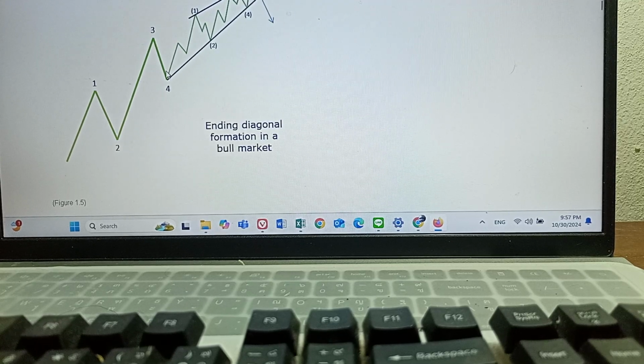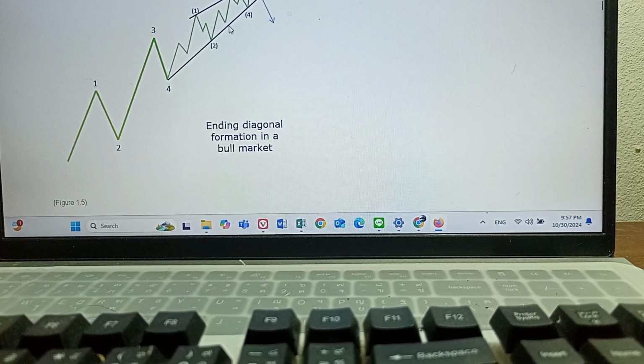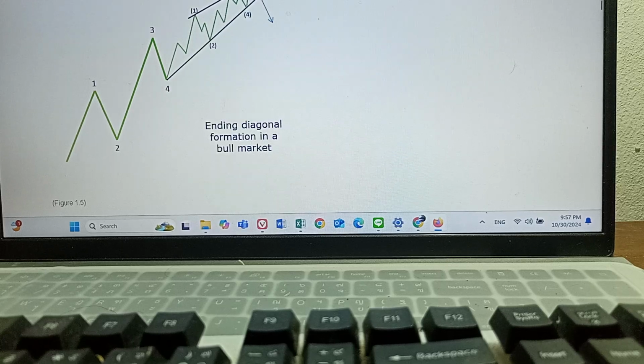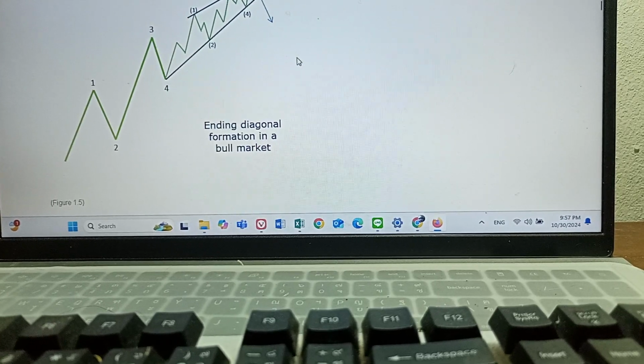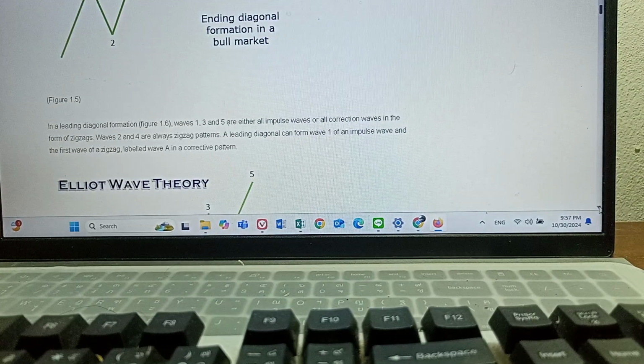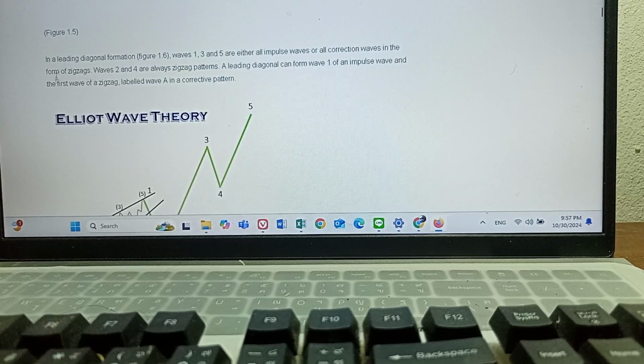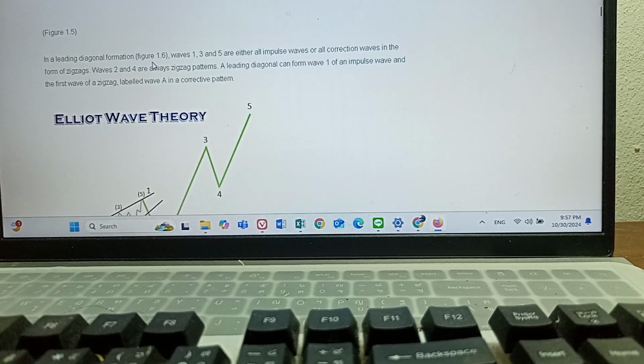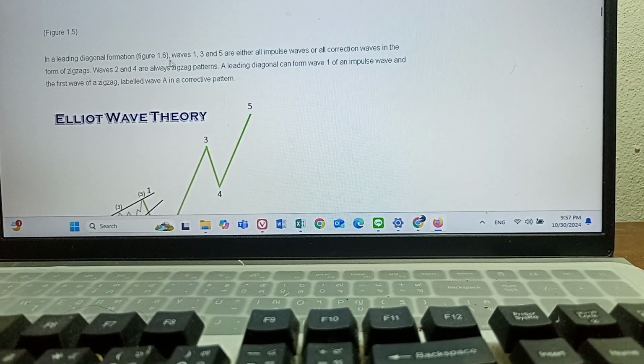This is impulse. This is diagonal. This is an ending diagonal. Figure 1.5.